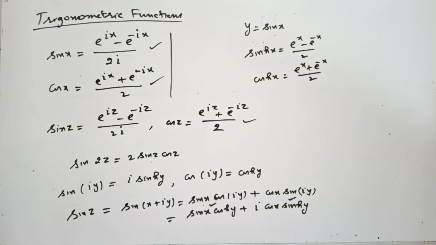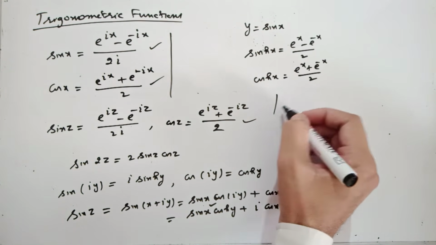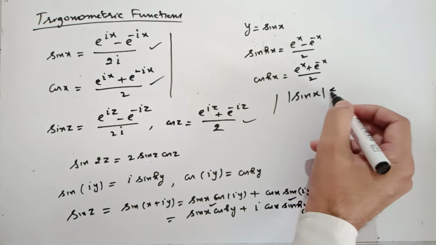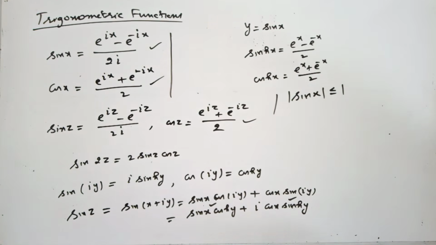From this you can notice one interesting thing, that sin z is not a bounded function. In the real case, mod sin x is less than or equal to 1. Its values lie in the range -1 to 1. But here it is not bounded.